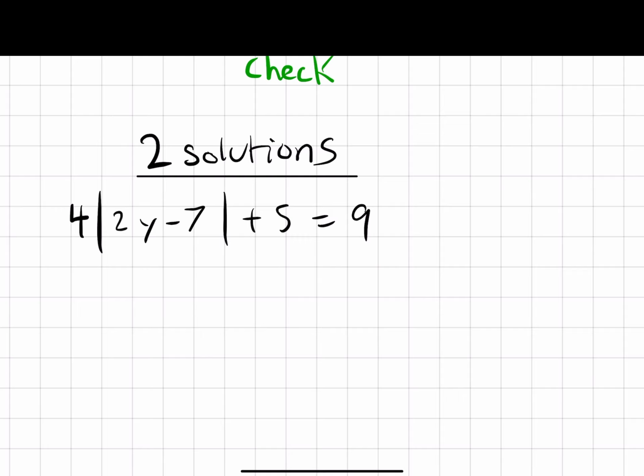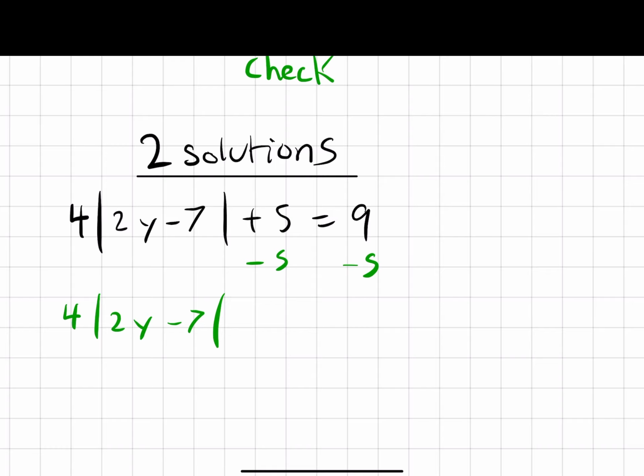Instead, we should isolate its absolute value bars. Get these bars alone. Why are they not alone right now? I'm adding a 5, and I'm multiplying a 4. Can't have that. We need these all by their lonesome. So, let's subtract 5. And these are just the basic PEMDAS steps to isolate anything you want on its own.